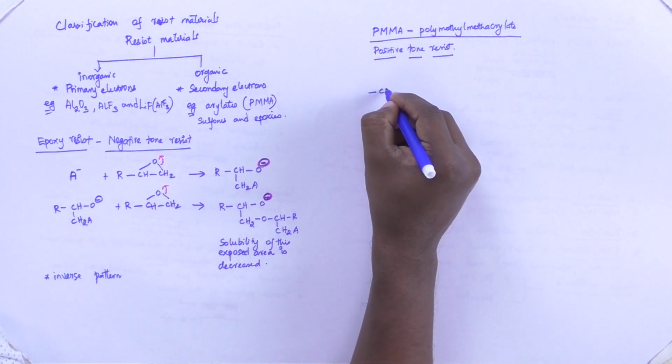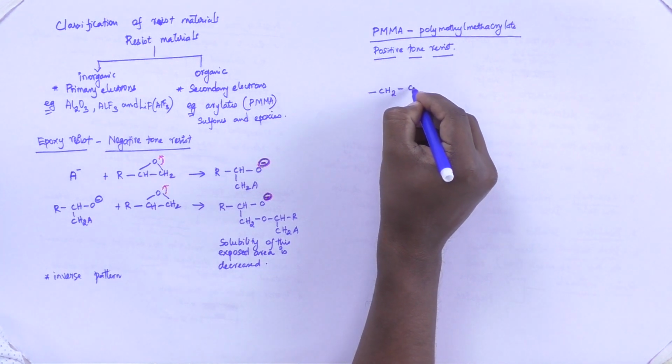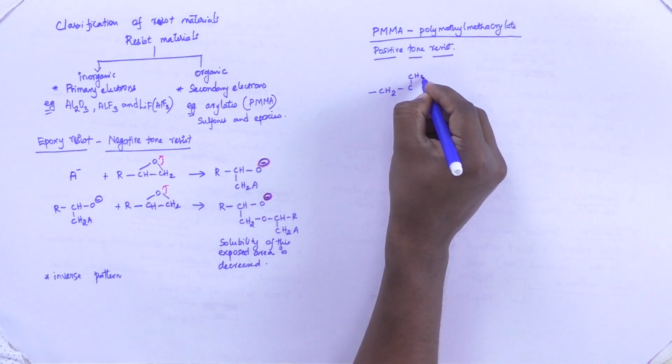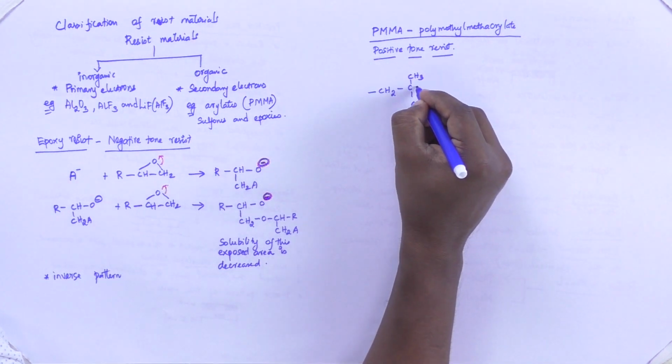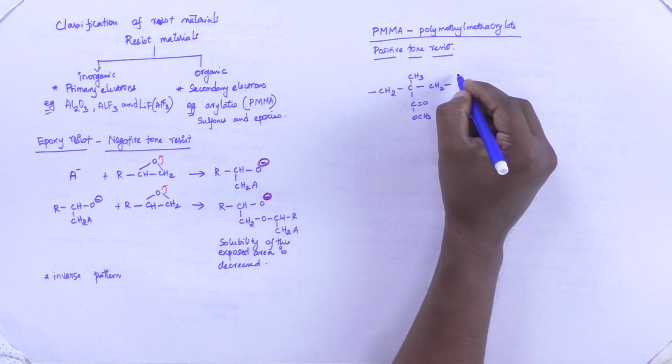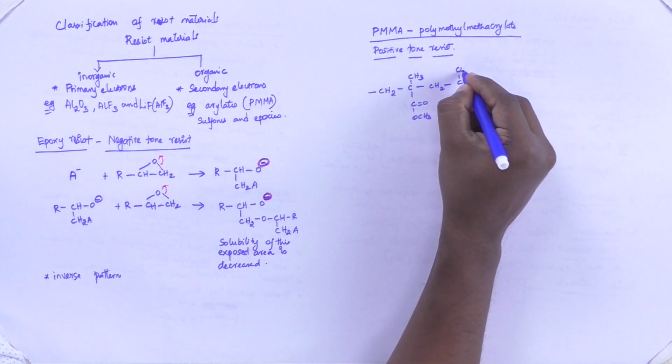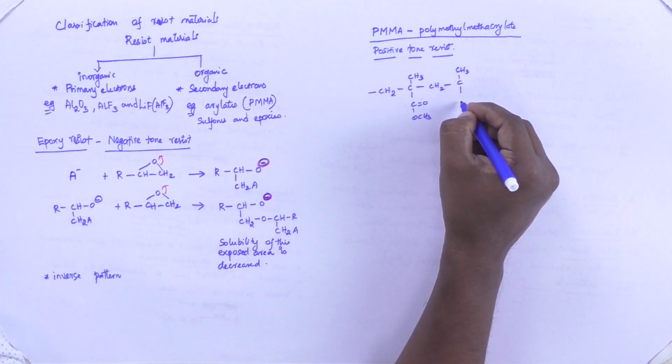So you have the polymer, which is PMMA. This is the continuous chain which we call polymer.